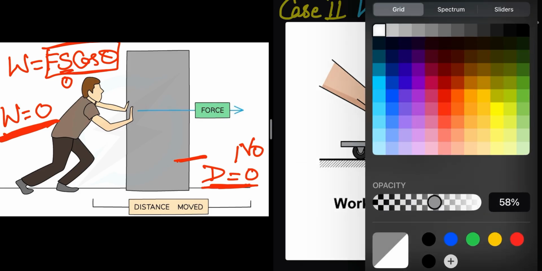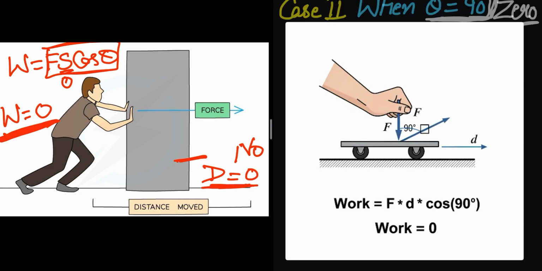We are applying force in a direction perpendicular to the direction of displacement. Look at this picture: the direction of force is in which direction? Downward. But the displacement is in which direction? In this horizontal way. Now what will be the angle between force and displacement? It will be 90 degrees.